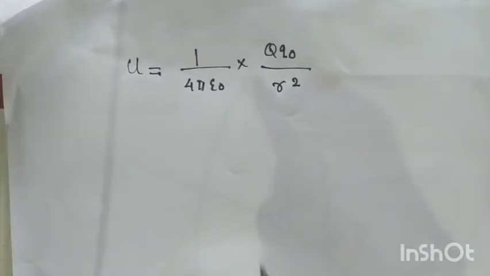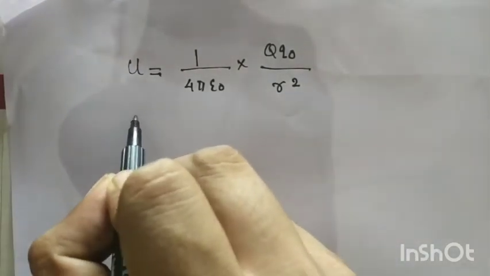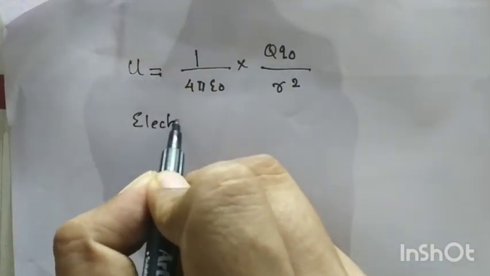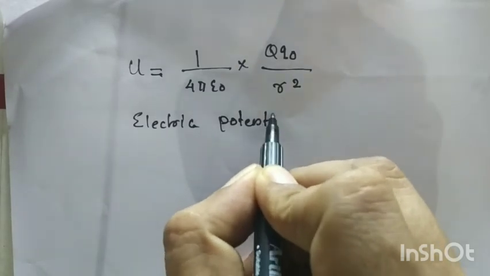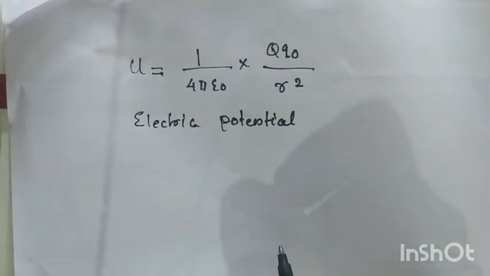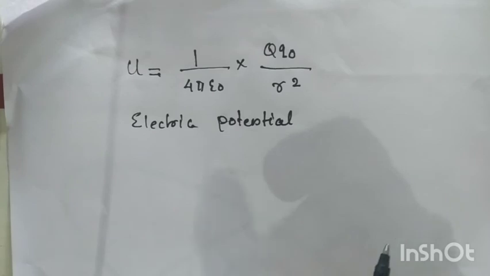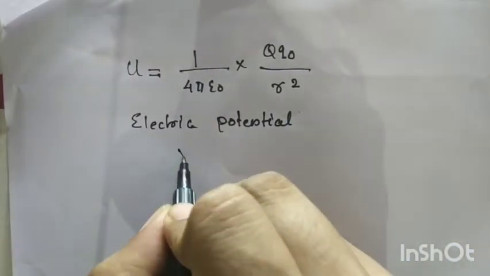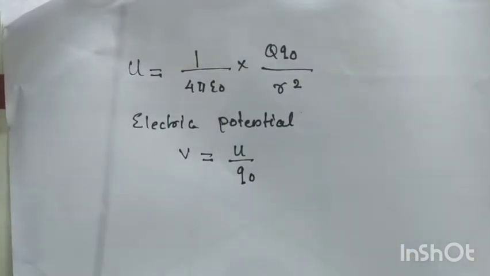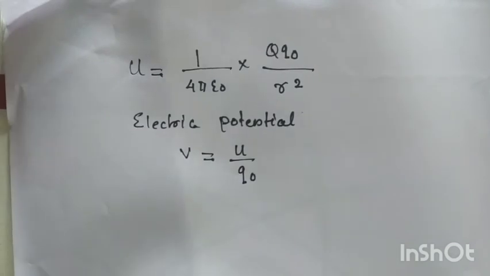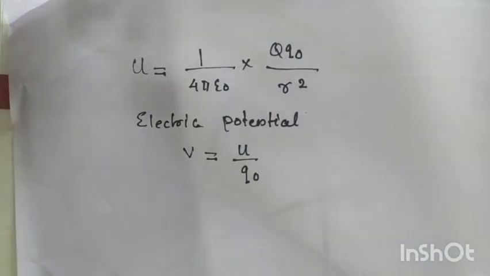To avoid this contradiction, we are defining a new term called electric potential. Potential may vary from point to point, and it is independent of the test charge. So electric potential V is equal to potential energy per unit test charge. That means it is the work done in bringing a unit test charge from infinity to a particular point.